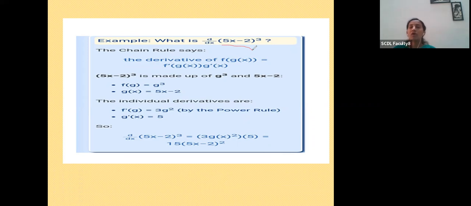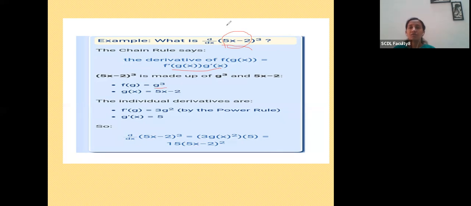So first, by using the chain rule, take the derivative of the first term and put the second term the same. Next, again make the derivative of the minus 2. So f of g is nothing but g cube. Instead of this 5x minus 2 we mention g.